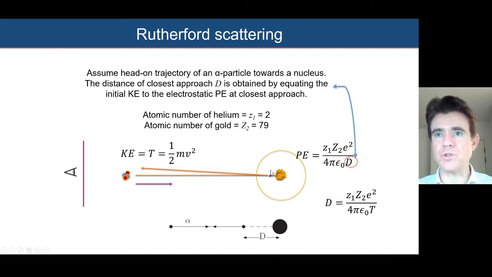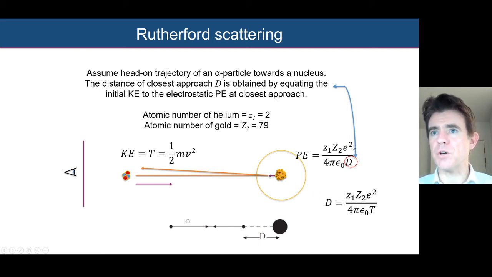And so what we can do is look at that distance of closest approach just by equating the kinetic energy of the alpha particle with the potential energy between the alpha particle and the gold nucleus. In other words, what is the position needed where the original kinetic energy corresponds to a potential energy within the vicinity of that gold nucleus.